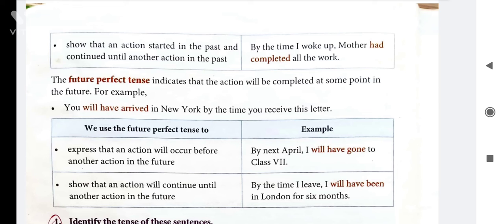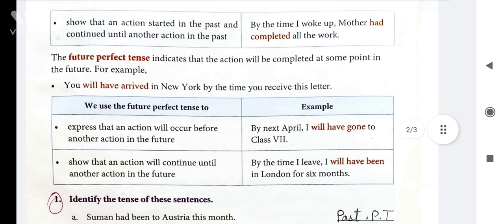Before the second action started, that particular action had continued. For example, by the time I woke up, mother had completed all the work. I was sleeping, but by the time I woke, mother had completed all the work.